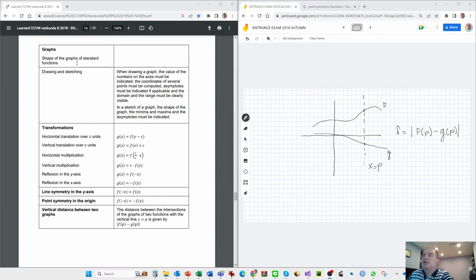The next page is about drawing and sketching graphs, so you just need to look at the key points, like the asymptotes, the shape, the minima, the maxima.